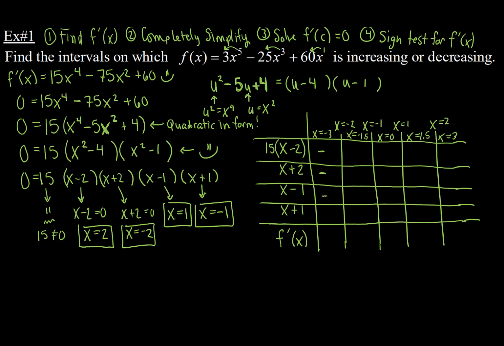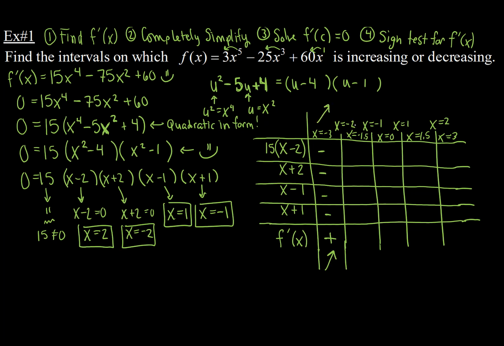For x minus 1, I get a negative number. For x plus 1, I get a negative number. Now, if I take a negative times a negative times a negative times a negative, I get positive. And if I plug negative 3 into my first derivative, I will get positive. So that means that it is increasing on this side of negative 2.